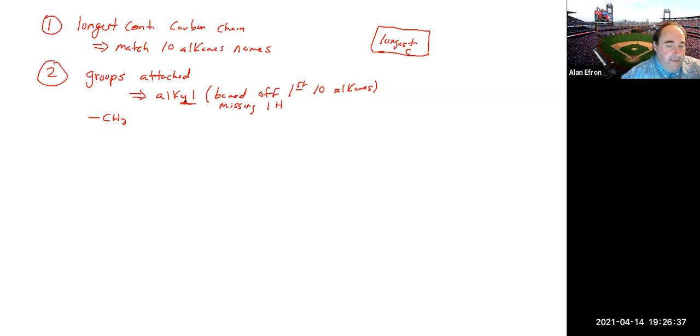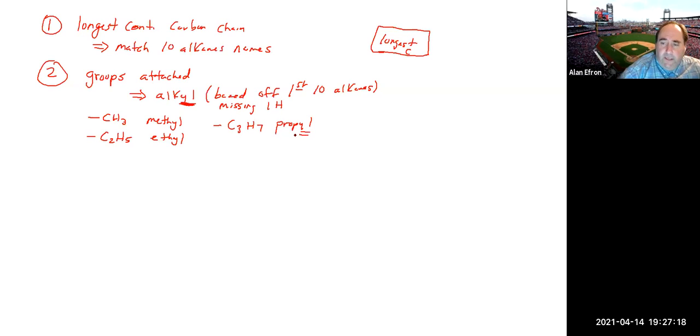It's based off of methane, but because it's missing that hydrogen, it is known as a methyl group. If we had C2H5, that is two carbons, based on ethane. Ethane missing one hydrogen is an ethyl group. If you had C3H7, three carbons normally would have 8 hydrogens. It's missing that one hydrogen, that's propane, and that becomes a propyl group.